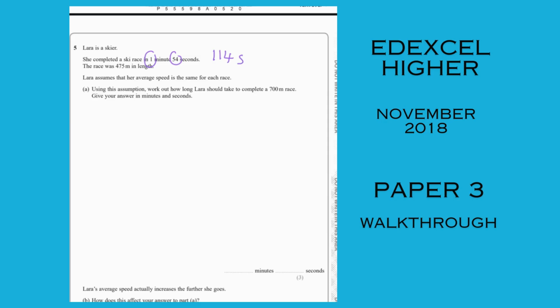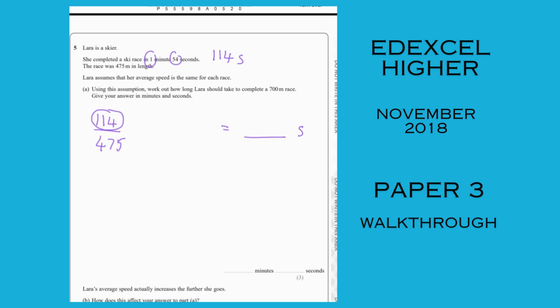So Lara assumes the average speed is the same for each race. So time divided by distance gives her speed. Now, because I'm working in seconds here, the answer I get out will also be in seconds.